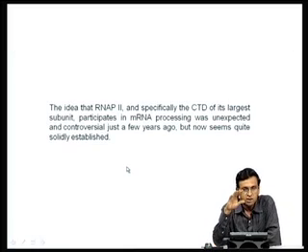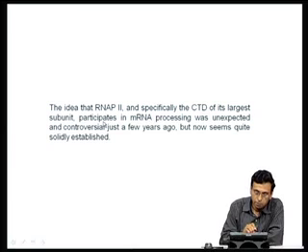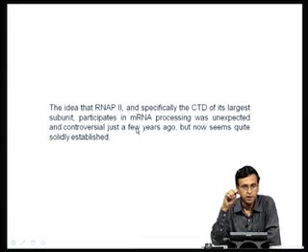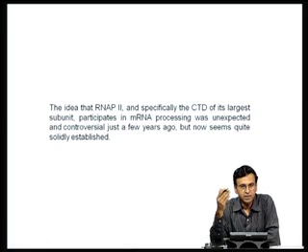What was very surprising is that RNA polymerase II, especially the CTD, the C-terminal domain, participates in mRNA processing. It was unexpected and highly controversial. In the initial stages, nobody believed that RNA polymerase II, which is involved in transcription initiation, may have a role in the subsequent steps of RNA processing.